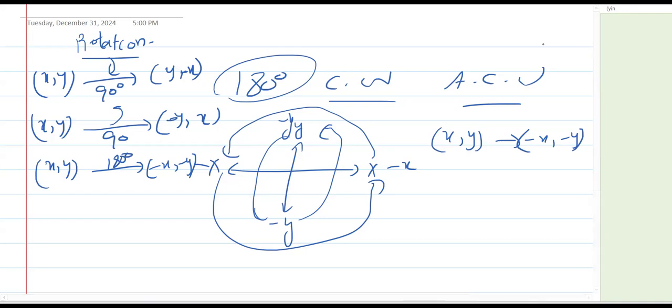Clear? If it is clear, give me 1 second. I'll just take the worksheet.